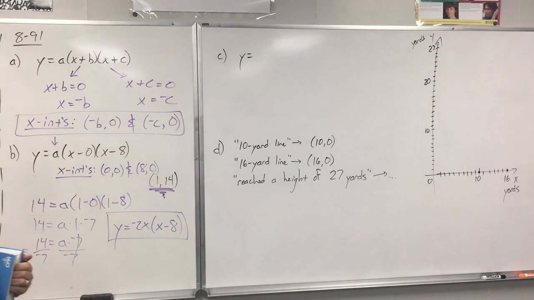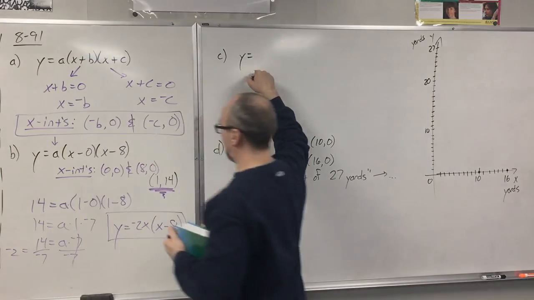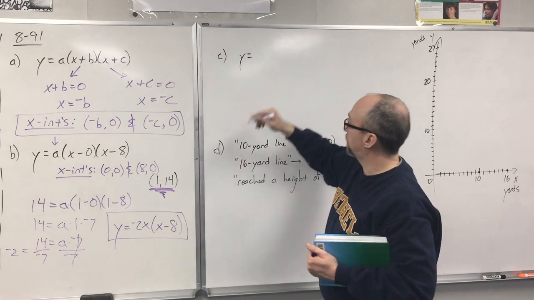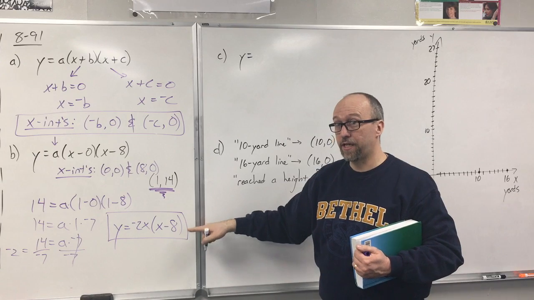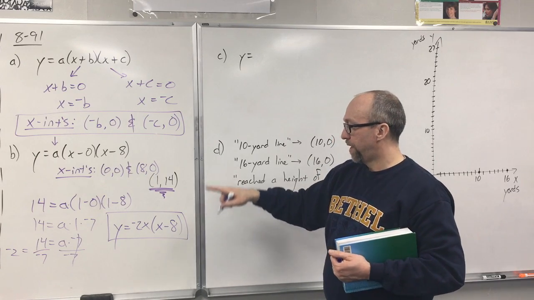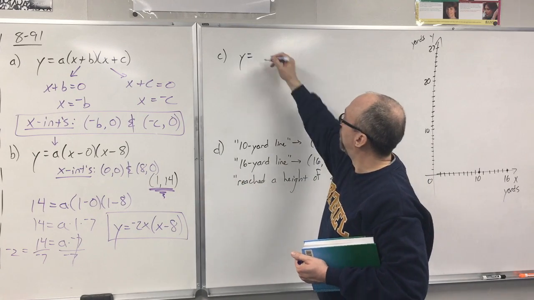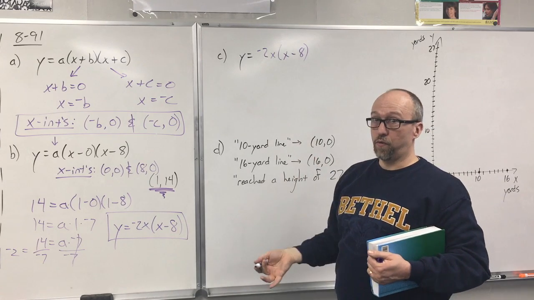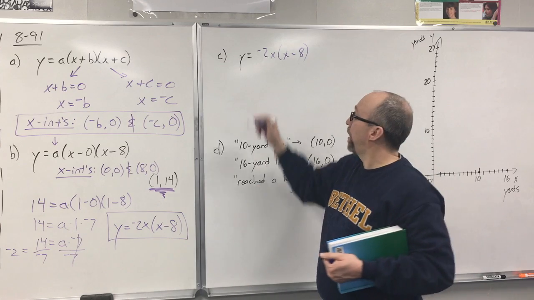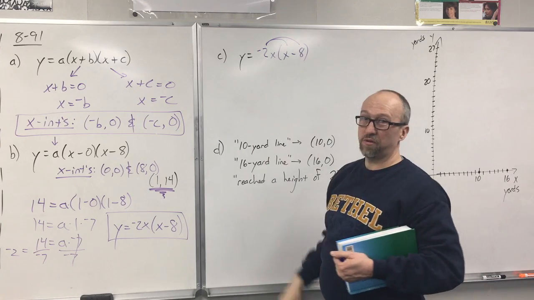It's pretty sweet. So, in part C, all they wanted us to do is change this from factored form. When I've got parentheses, it's likely either factored form or vertex form. From factored form to standard form, which is a highfalutin way of saying just distribute.